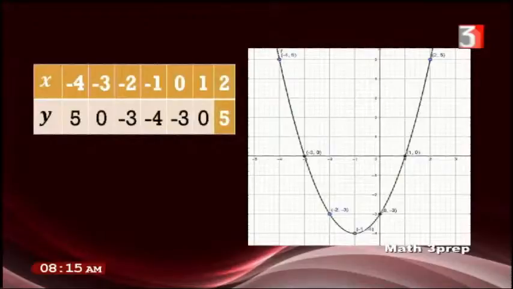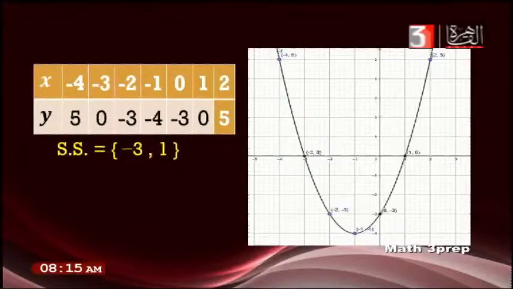Then, from this graph, can you find the solution set? Of course, yes. The solution set is the points of intersection of the curve with the x-axis. So this curve intersects the x-axis at the 2 points, negative 3 and 1.